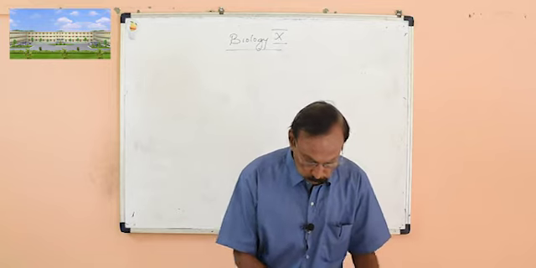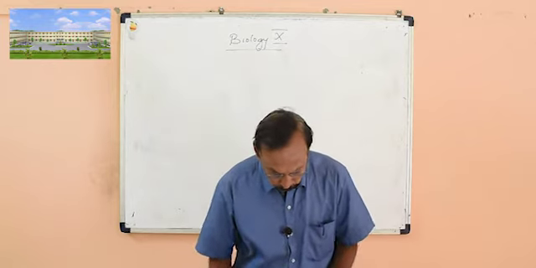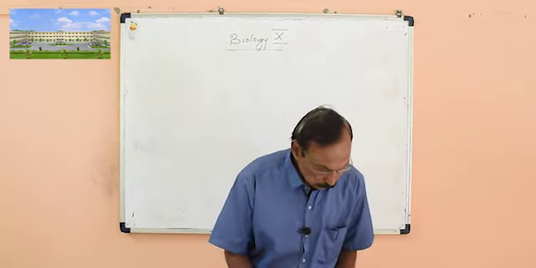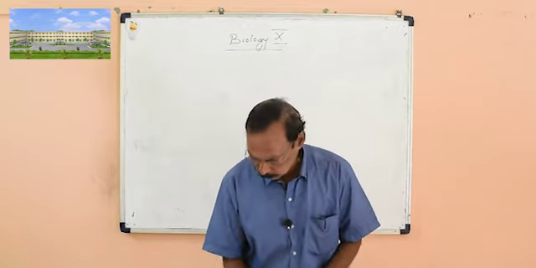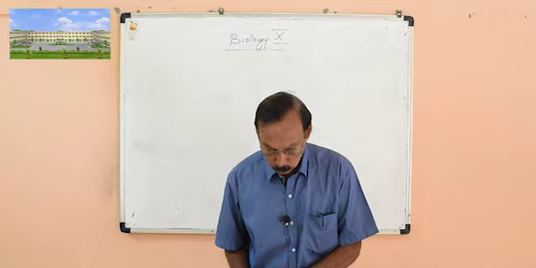Next, one more example from asexual reproduction is spore formation in Rhizopus. This is another method of reproduction, spore formation.